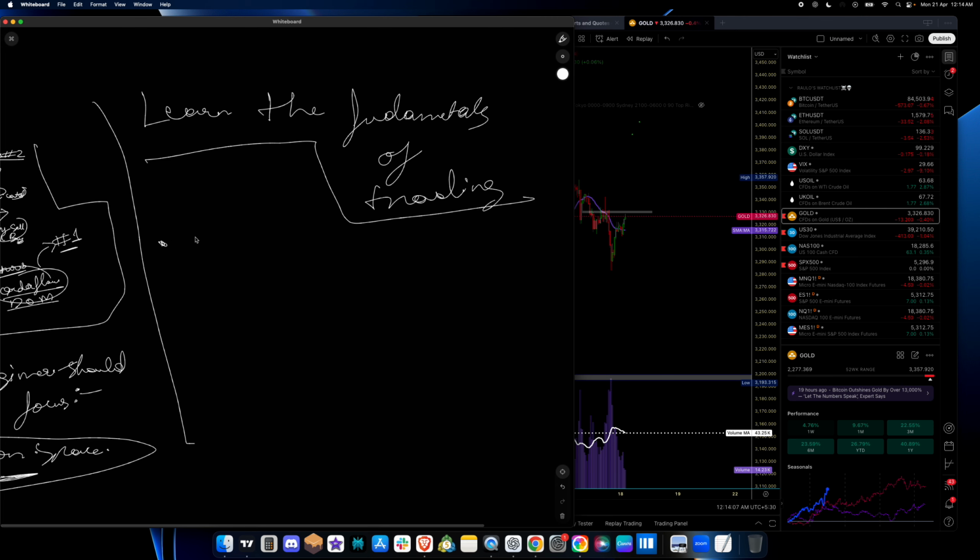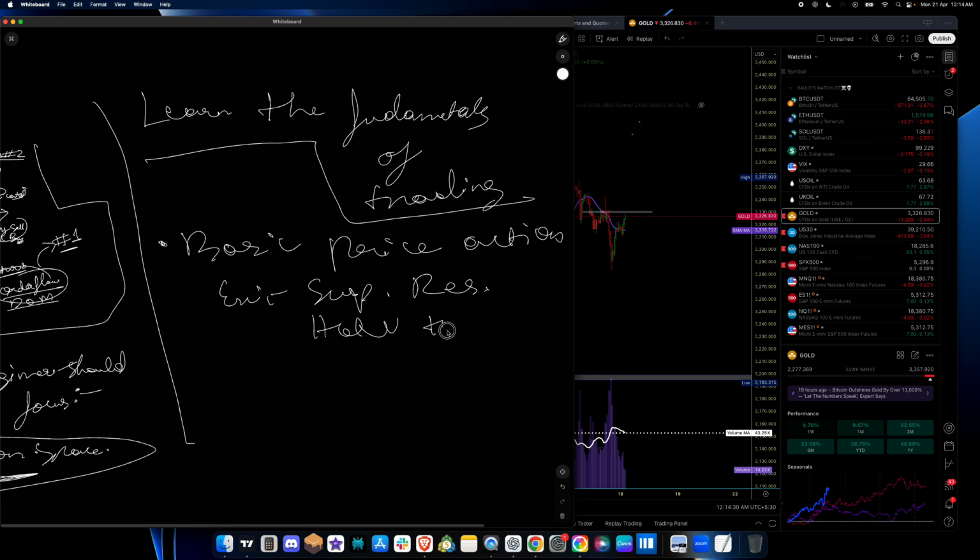This means that you have to learn basic price action, which is the main part for traders. Basic price action, for example, learn about support and resistance, and how to identify key zones.